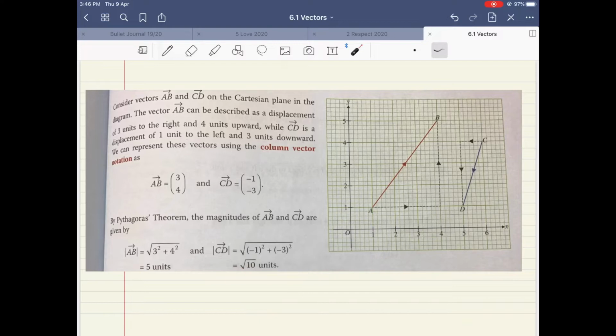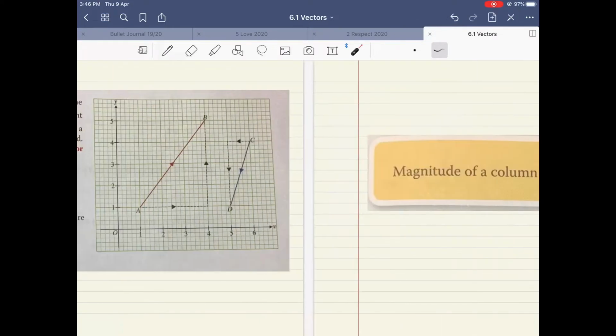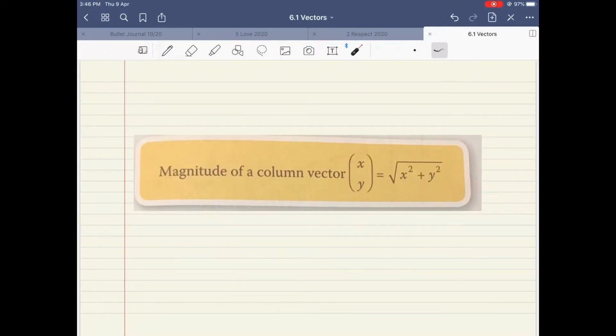Hence, CD has a magnitude of root 10 units. Therefore, the magnitude of any column vector (x, y) is given by the square root of x squared plus y squared. This is how we derive the magnitude, as found in the previous slide, using Pythagoras' theorem.